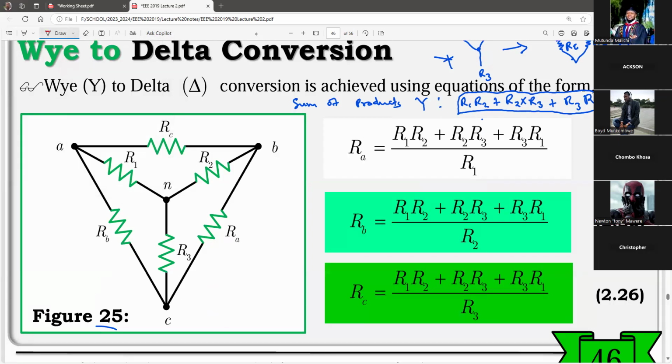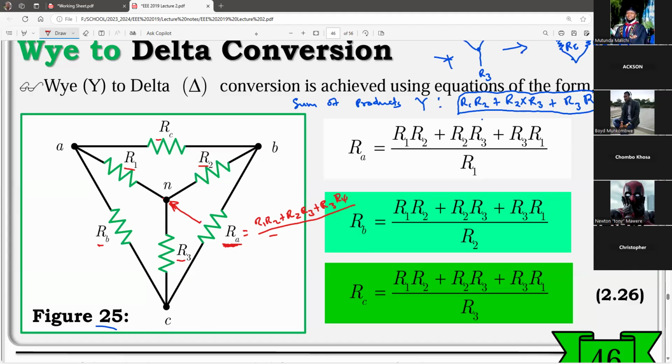If you are to obtain, remember we are moving from R1, R2, R3. We want to go to RA, RB, RC. So the numerator, we already know it. It's the sum of products: R1 R2, R2 R3, R3 R1, divided by... So if you are to get RA, the denominator should be the resistor that is sitting diametrically opposite to R1.